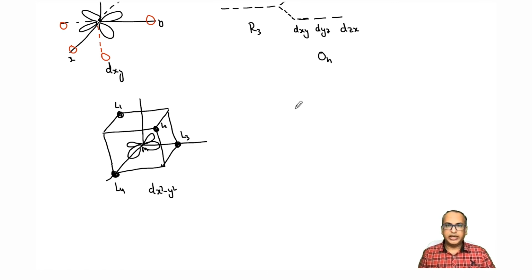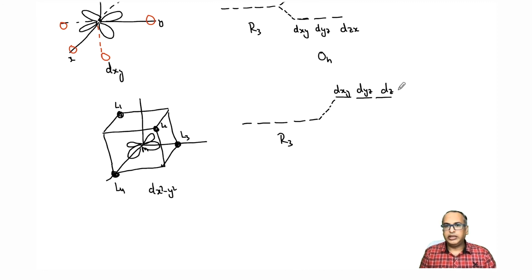So I can say that in a tetrahedral field, the order is reversed. So I have dxy, dyz, dzx, and dz square, dx square minus y square.